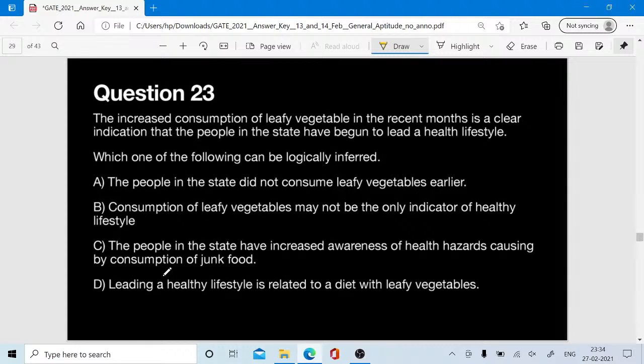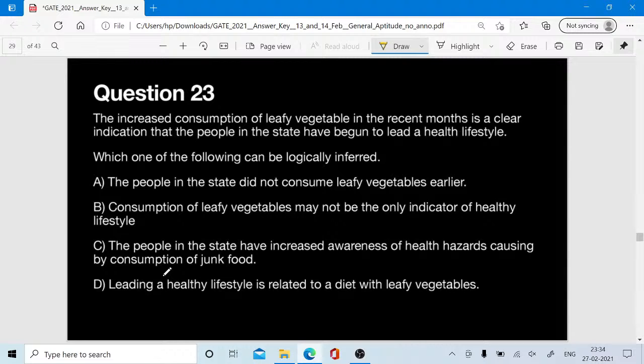The increased consumption of leafy vegetable in the recent months is a clear indication that the people in the state have begun to lead a healthier lifestyle. Which one of the following can be logically inferred? The people in the state did not consume leafy vegetables earlier.